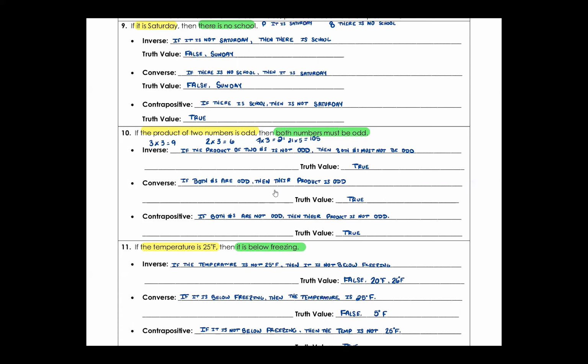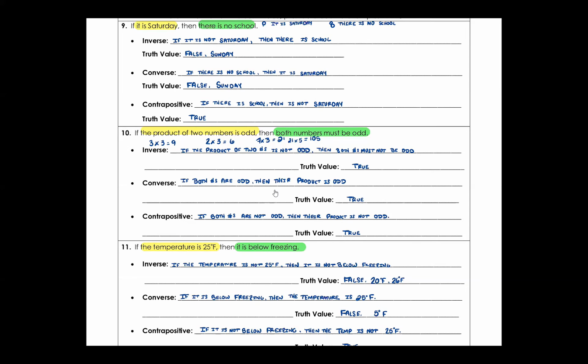What's that? Okay, so the first and the last, the conditional statement was true. The inverse and converse were false, and the contrapositive was true. Same thing here. The conditional statement was true. Inverse and converse were false. Contrapositive was true.